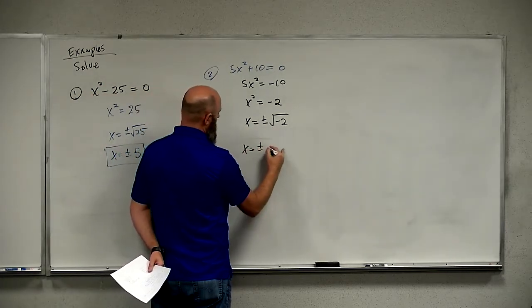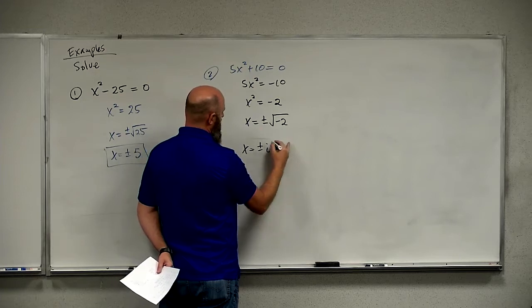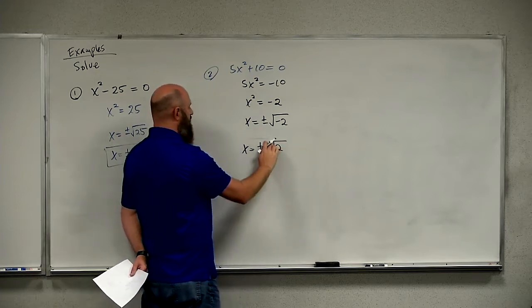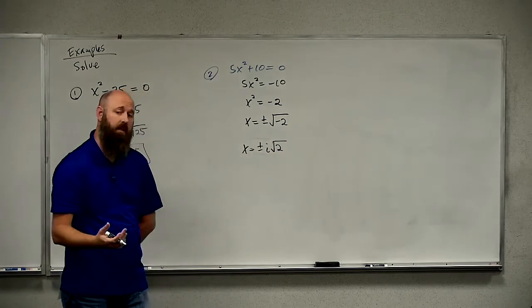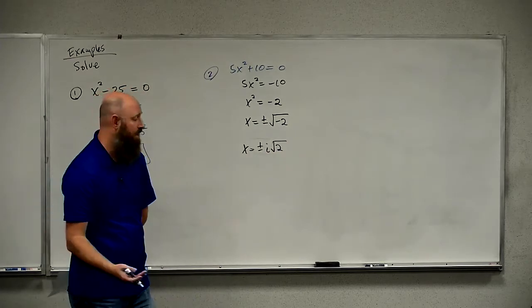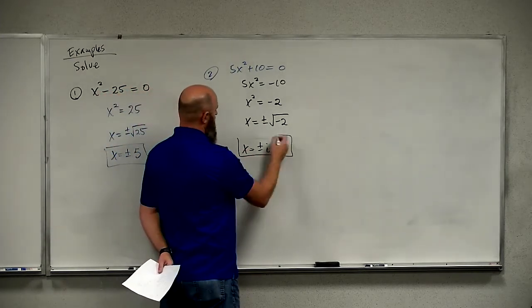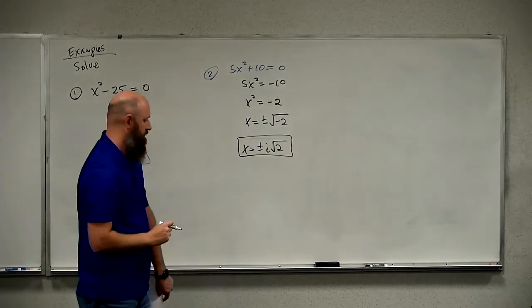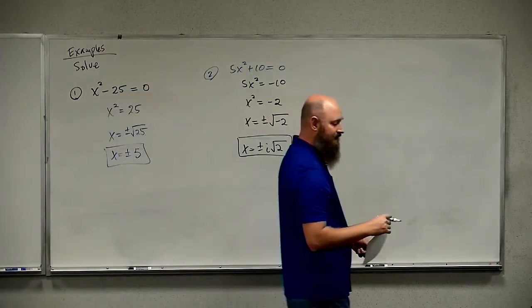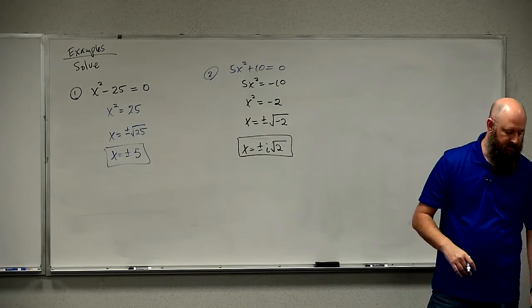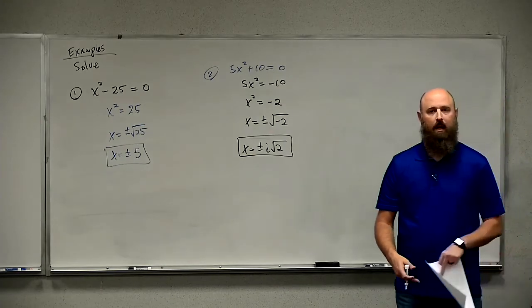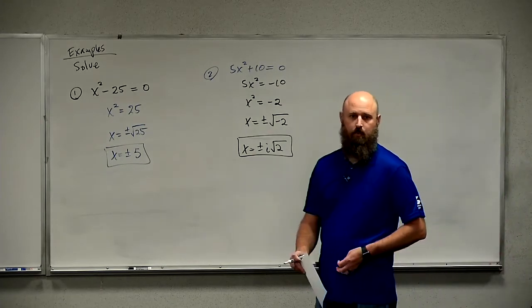And so we have plus or minus square root of 2. Now, if we could simplify that square root of 2, we would, but in this case, we cannot. And so this is our result. Okay? So as we've done before, we need to simplify any radicals all the way as much as we can.